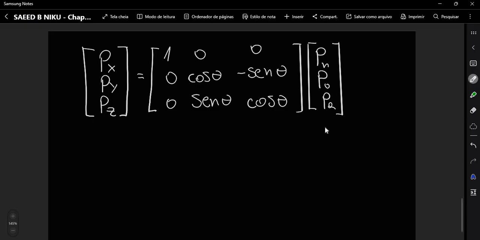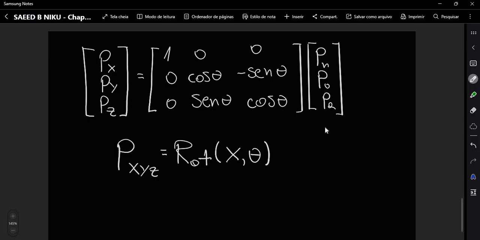And we can write that the final position of the point P, XYZ, is equal to the rotation on the axis X with some respective angle multiplied by the old position referenced to the reference system N, O, A.